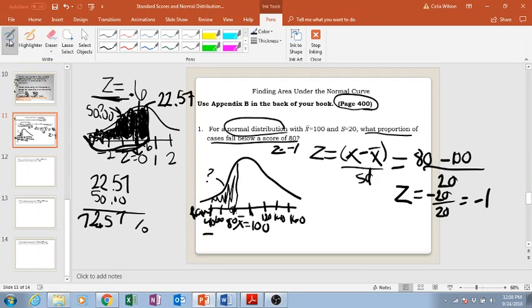If I'm thinking about that z-score equivalent, remember it's the same data, it's just on a different scale. So if this is z-score, here's my mean of 0, then I have 1, 2, 3, 1, 2, 3, like that. So my z-score of negative 1 is going to be right here, because it should be equivalent to the 80. See that?